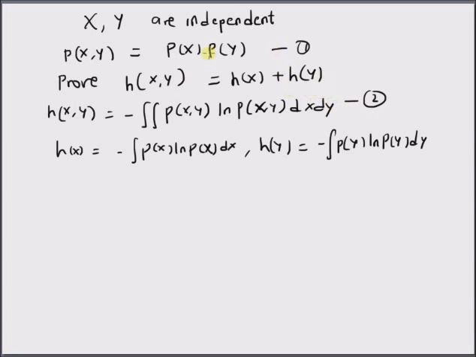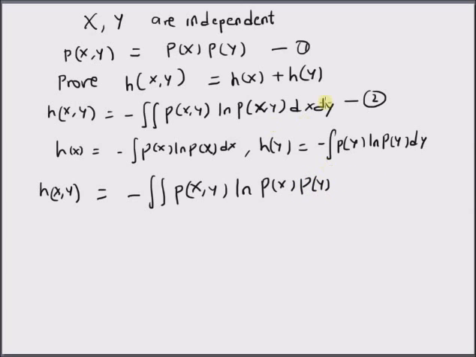Using 1 and 2, we can write that H(x, y), that is the joint entropy, is equal to minus the double integral of p(x, y) times the logarithm of p(x) times p(y) dx dy.